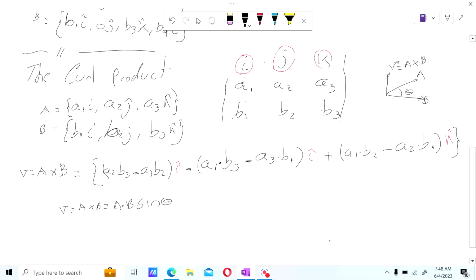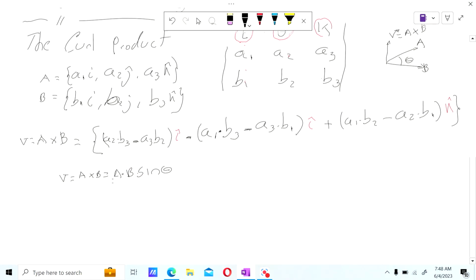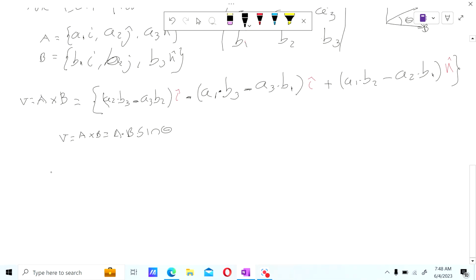But what if you have three vectors? What if you have A, B, and C? This is A1, A2, A3.